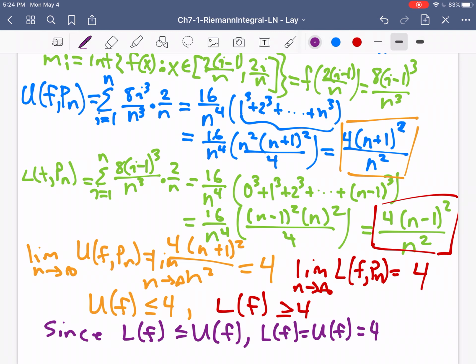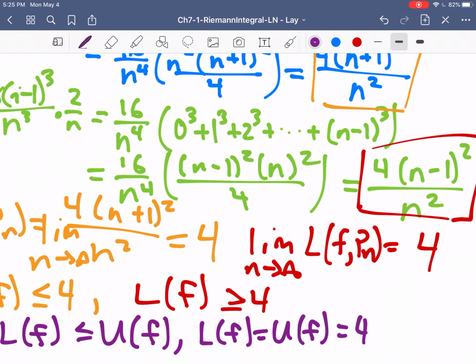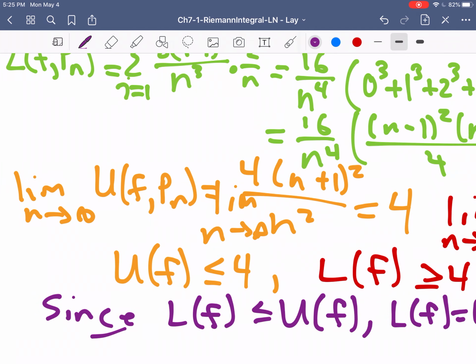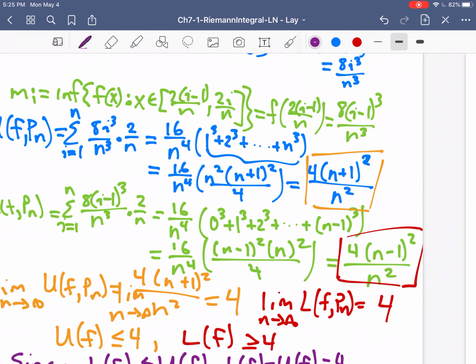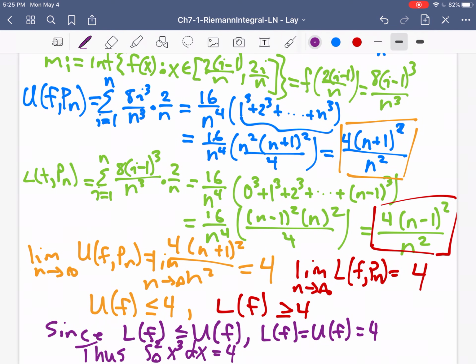So this just gives us an upper bound on the upper integral. It gives us a lower bound on our lower integral. So we get equality to 4, and thus the integral from 0 to 2 of x cubed dx is ultimately equal to 4. Beautiful.